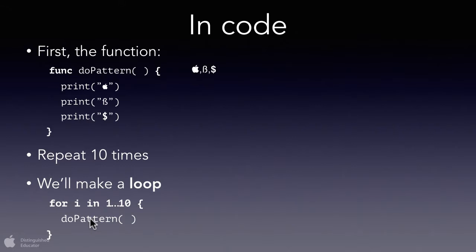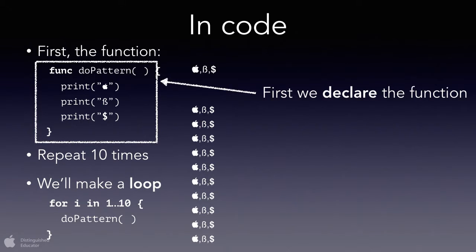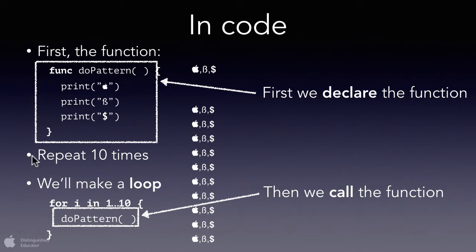And this basically means this code will run 10 times. So that was basically the thing we wanted to do. So we talk about declaring the function here when we actually define it, and then we call the function down here. So that's it basically.